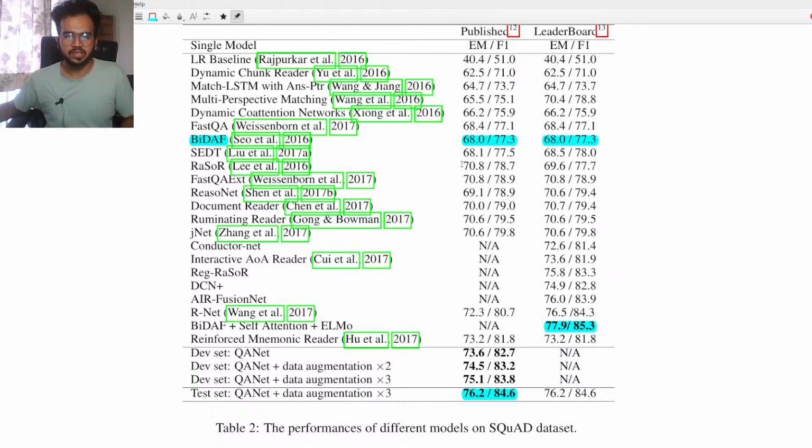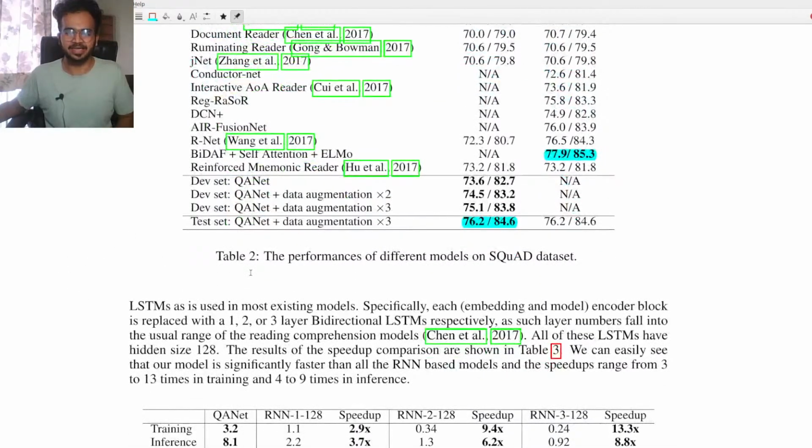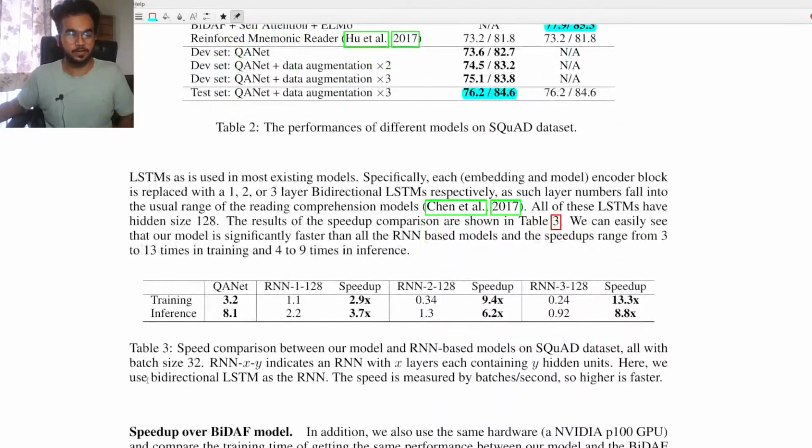So we can see BiDAF 68 and 76, 8% better, and 77.3 and 84, again 7% better. You got better results, but with much faster training and inference. That gives us an idea of how they've shown it here.